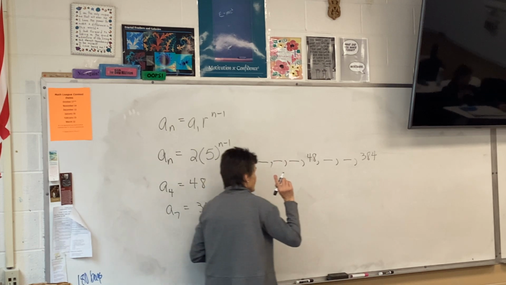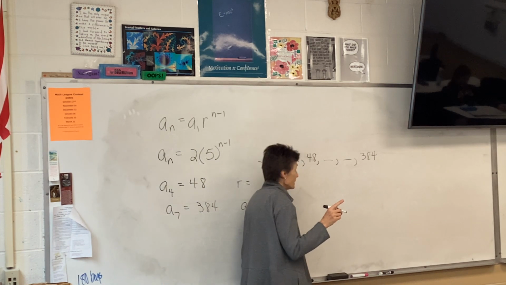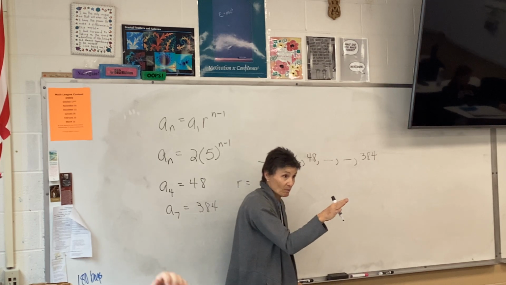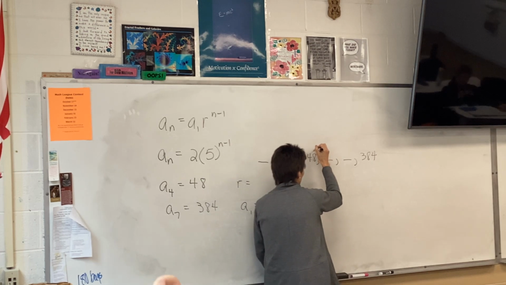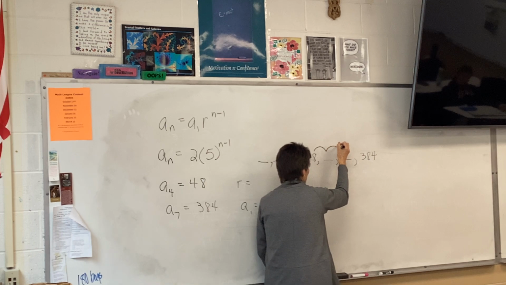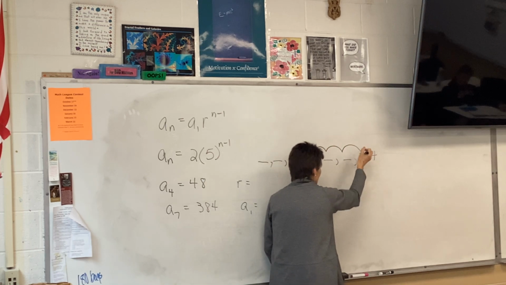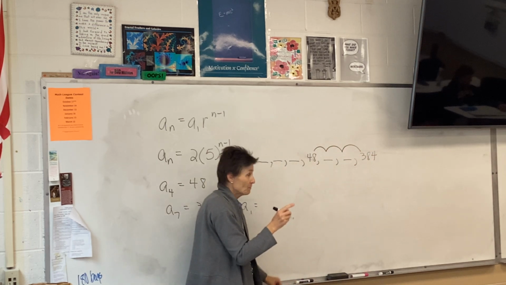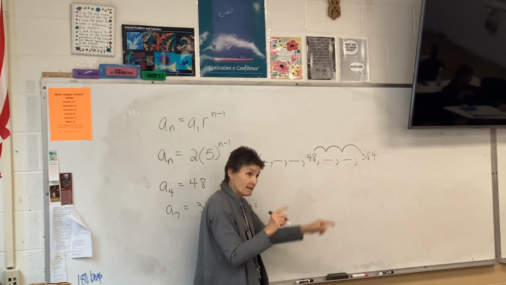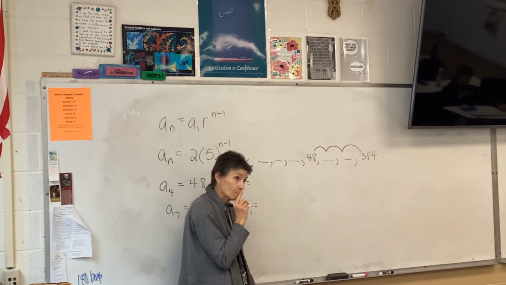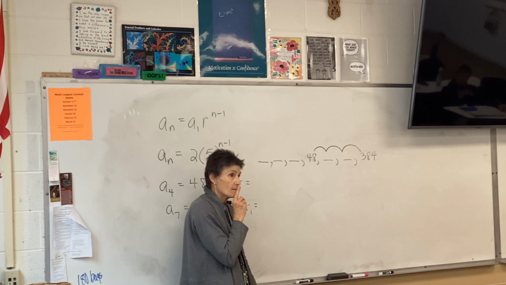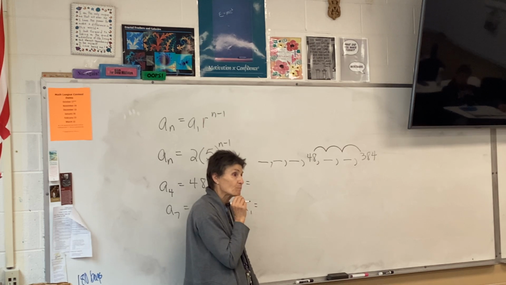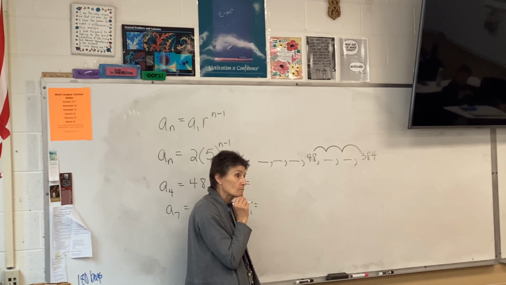Raina, what it means to be geometric is we're going to multiply by something, right? So I'm going to multiply once, twice, 3 times to get from 48 to 384. Would you agree with that? Okay. Do you do something with 384 and divide it by 48?